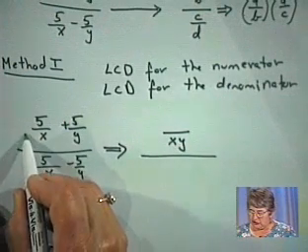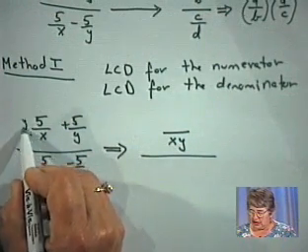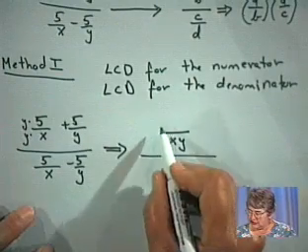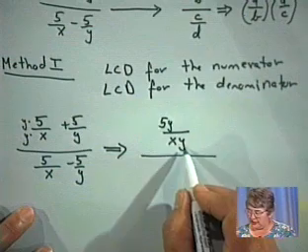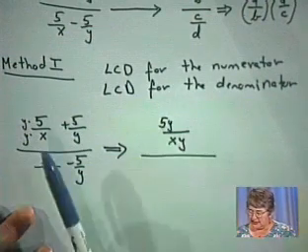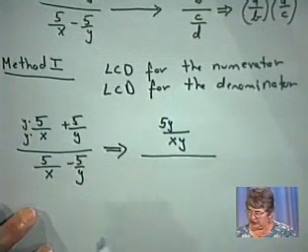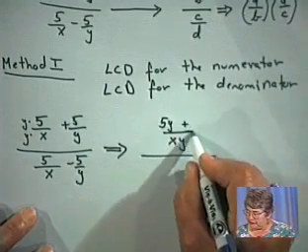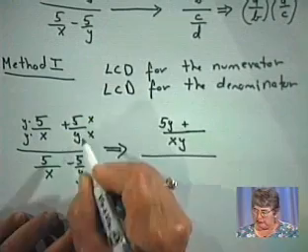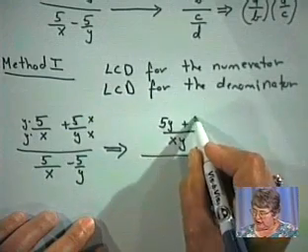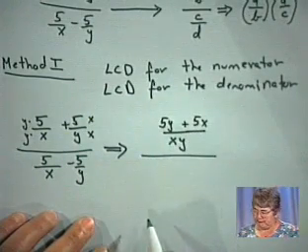What we need to do is multiply the denominator by y and the numerator by y. And so for our first term, we have 5y over xy. Notice that if I cancel the y's, I end up with 5 over x, which I started with. For the second expression in the numerator, we'll do the same, but this time we're going to multiply it by x over x, and so we have 5x over xy.